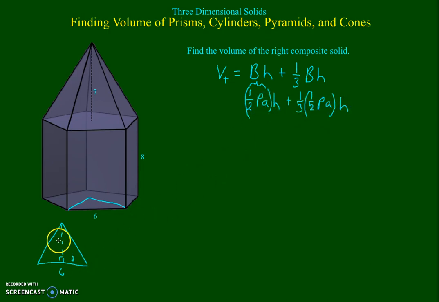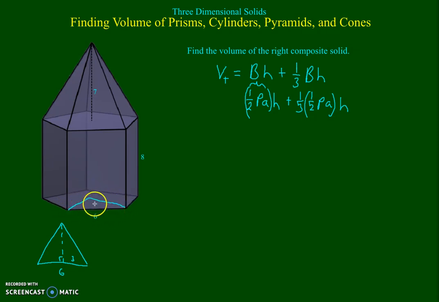In order to get this apothem here, we're going to have to find this angle because we don't have the length of the radius to solve this right triangle using the Pythagorean theorem. To find this angle, we need to understand, as usual, that we have one of these triangles for every side of the polygon.